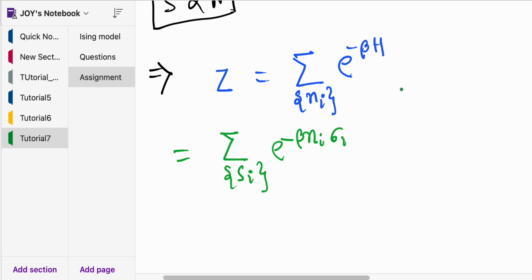Suppose that ni particles are there with spin sigma i in value, where sigma can take value plus 1 or minus 1.